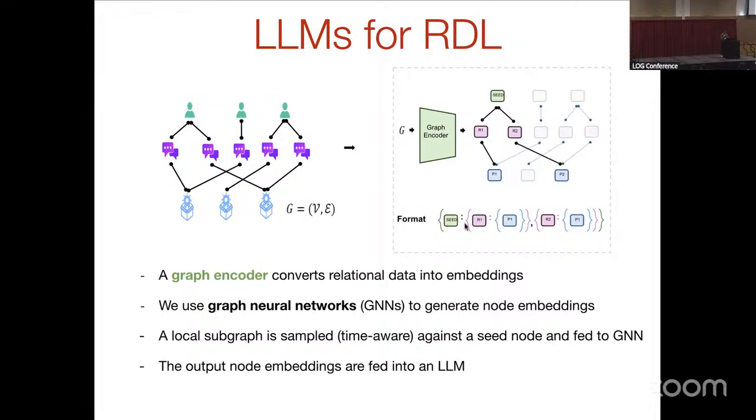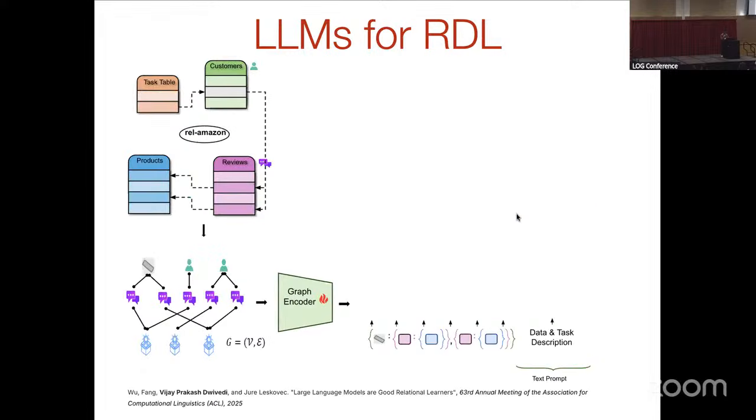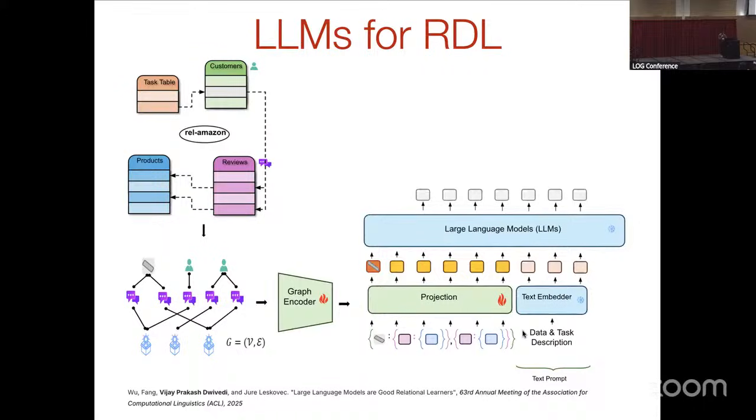So we pack those embeddings, and we feed them into an LLM along with the task and data description. This is similar to how we are trying to chat with our database, and the format is simple compared to how other multimodal LLMs are used.